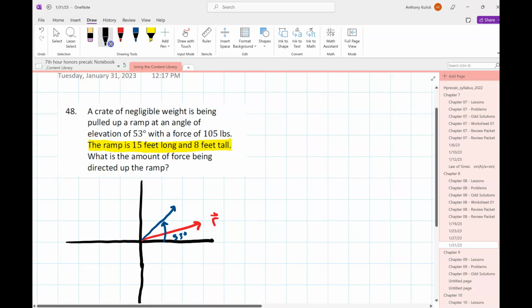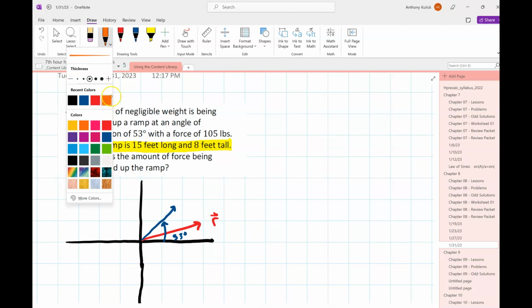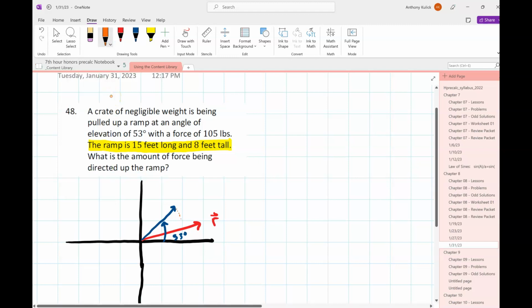And then we want the projection. So that's that vector, right? Visually, that's what we're doing. And we want the length of that vector that we've drawn in orange. So we'll call that blue vector the pull vector with a P. And that orange vector is the projection of P onto R.